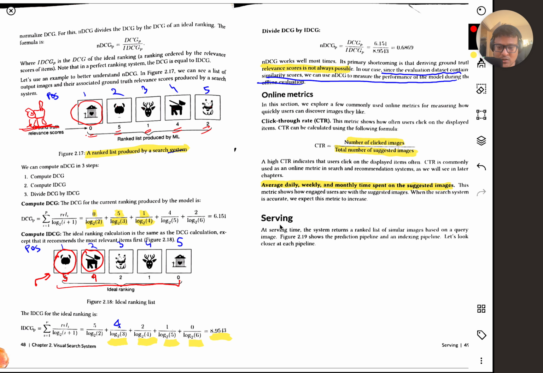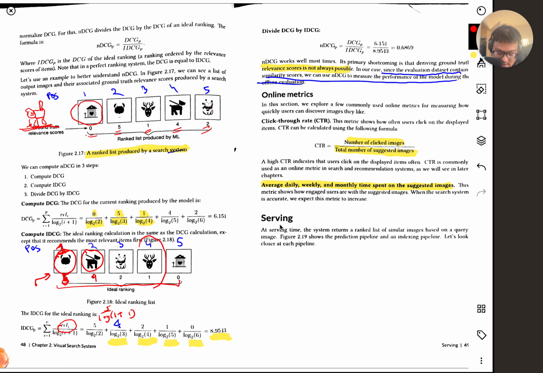This position is 1, because it is the topmost rank, and the model gave it the highest rank. So you divide the ranking, which in this case is 5, by log of 1 plus the position it is at. Here it is at position 1.